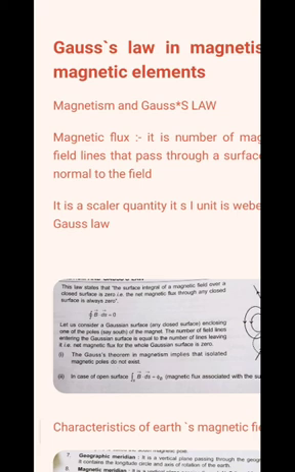Dear students of class 12th, our topic is Gauss law in magnetism and Earth's magnetic elements.